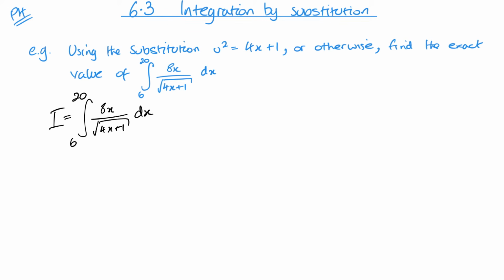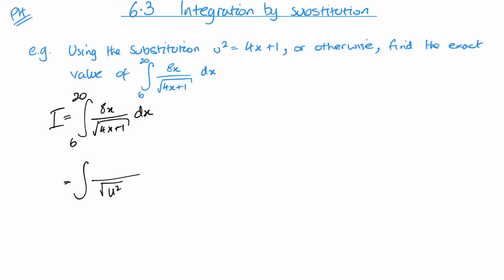Okay, now I want to substitute in u squared. So if I look at my integration here, if I substitute the u squared, it would be replacing 4x plus 1, so I get the square root of u squared, which is just u, but I will put it in on the bottom as full.